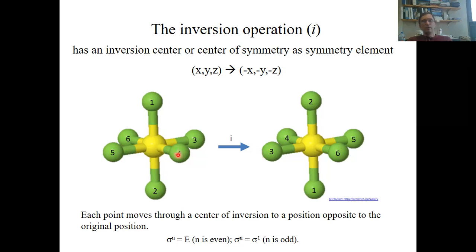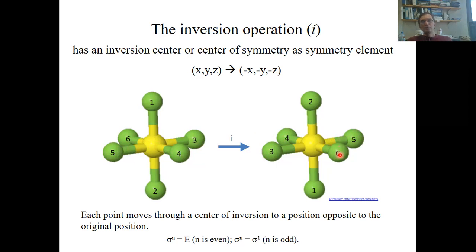The atom 4 will be moved through the inversion center to the other side. Now it's in this position. Atom 5 will be moved through the inversion center to the other side. Now it's in this position. And the atom 6 will be moved through the inversion center to the other side. And now it's in this position.